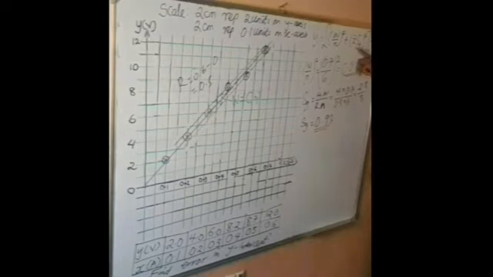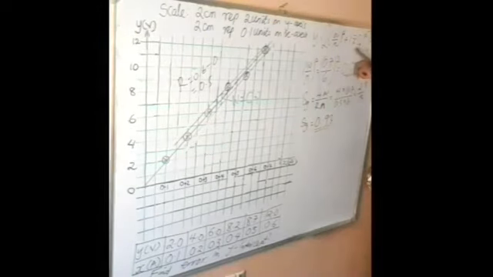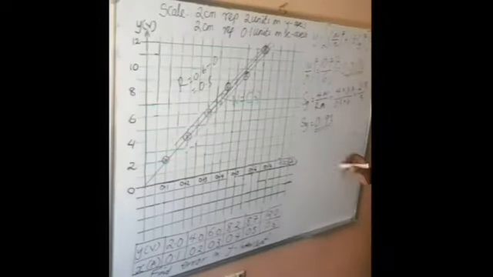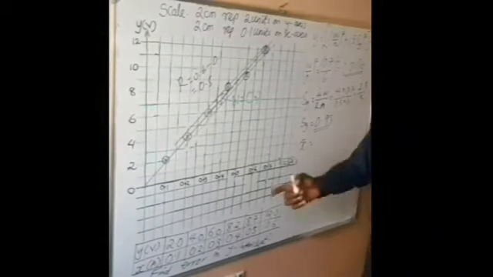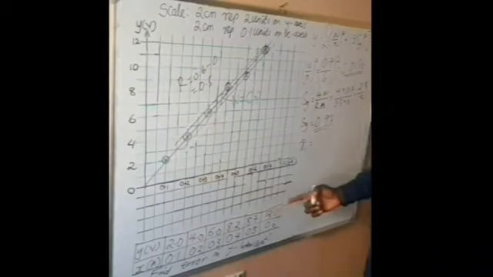We further have to look for the X bar, which is very, very important. Our X bar is the mean of the plotted values on the X axis.